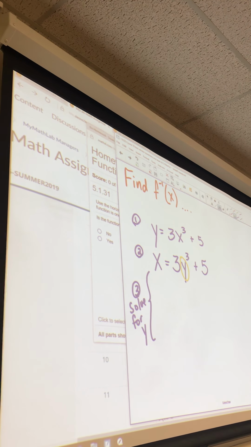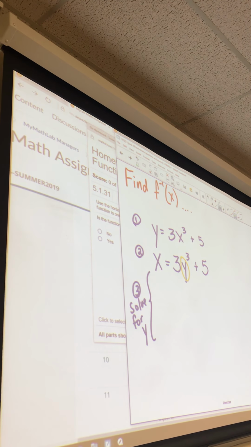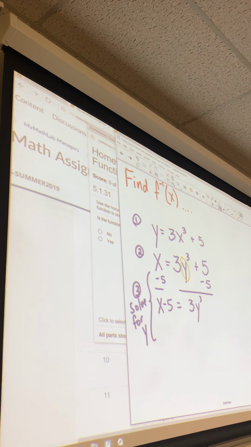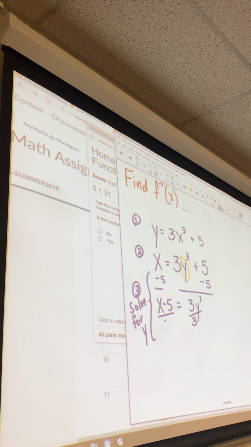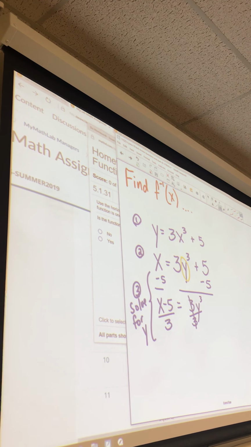Okay, so what's the first thing that I could move away from it over there on that right side? The 5, and I would subtract that, that's right. So x minus 5 equals 3y cubed. Now what would I get rid of on the right side? The big 3 first. Right, divide both sides by that 3.